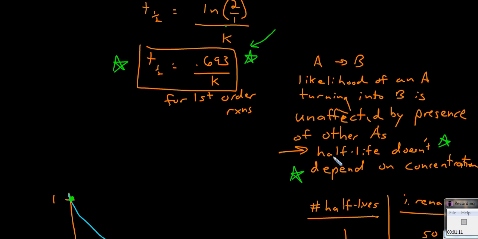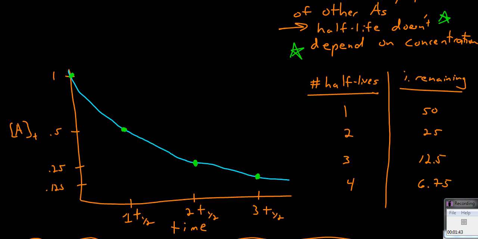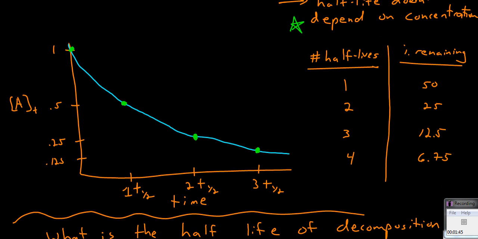And so, what is half-life? Well, it allows you to fairly easily predict how much compound will remain at a given time. Let's say that your sample has gone through 0 half-lives. Then you start with, say, 1 molar of it, or 100% of what you started with. But after 1 half-life, you've lost half of what you started with, and so half remains.